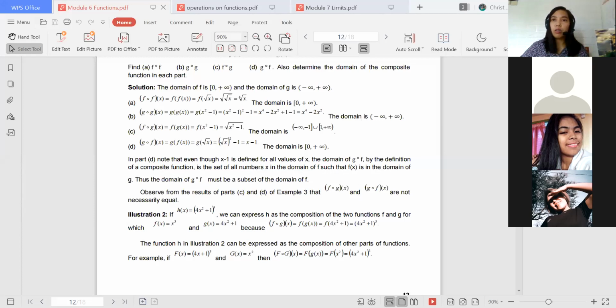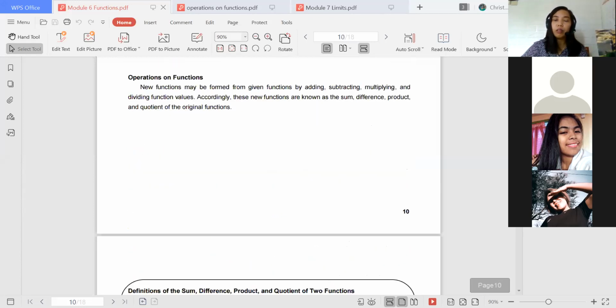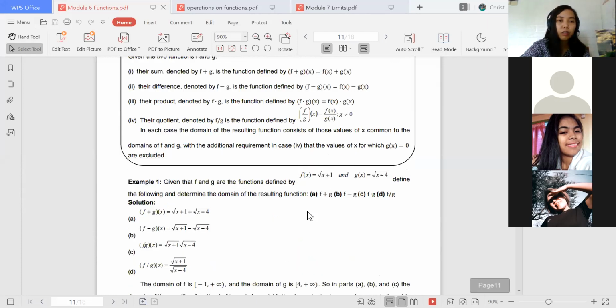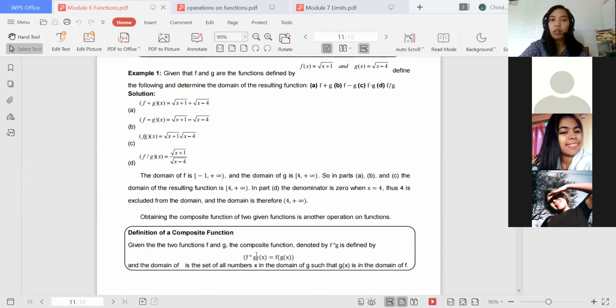Dito kasi sa definition, ang given ay f composite G. Kaya ang consider dito class ay na dapat si G, okay, the set of all number x in the domain of G, okay, ay dapat nasa domain ni f. So kapag f composite G, anong tawag dito? Kabaliktaran. G composite f, dapat yung domain ni f nasa G. Or kukunin natin, tawag dito, ulit.